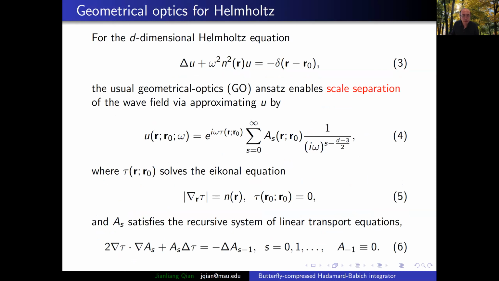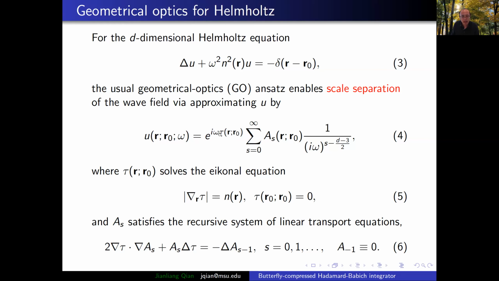So how do we compute this Green function first? This is the Helmholtz equation now with just a point source. If we use the traditional geometrical optics ansatz, we are able to have scale separation. Scale separation means we just need to compute two sets of functions. One is tau here, the phase function.